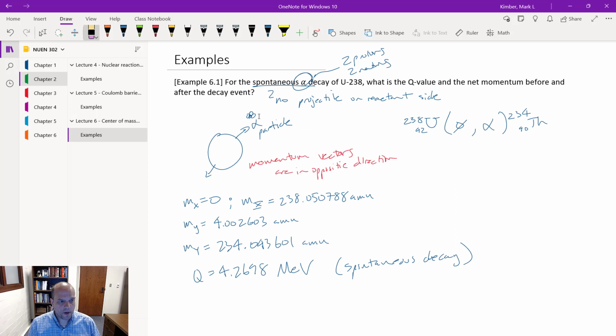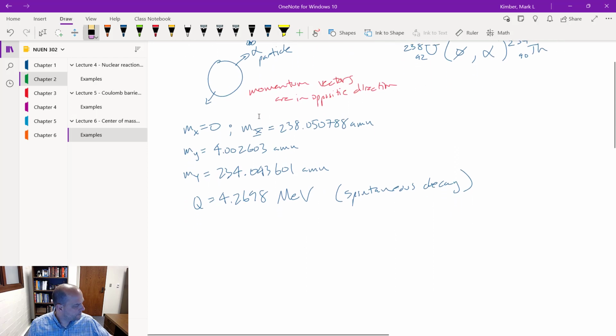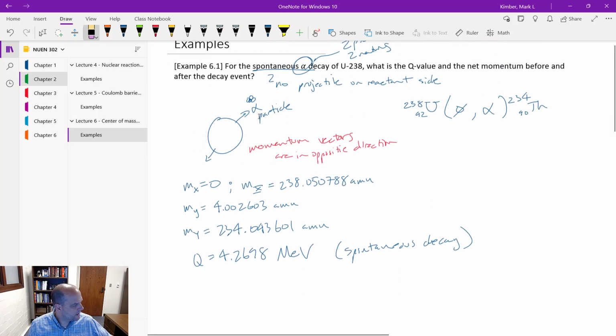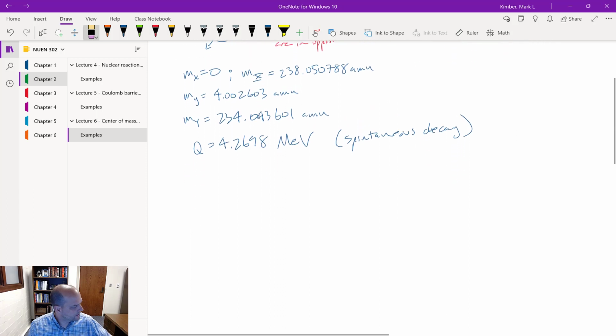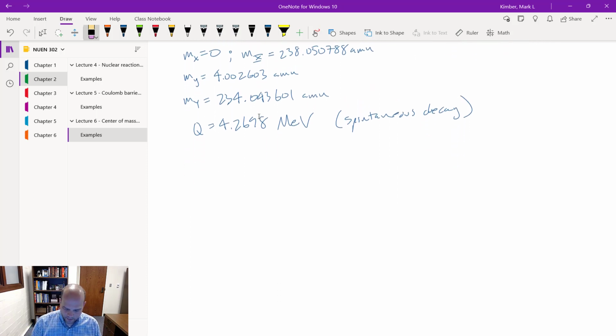So now going back to the problem, we've got the Q value, and what we want to do now is calculate the net momentum before and after this event. If we talk about before, the frame of reference is on the U-238. That's where we're tying our origin to.